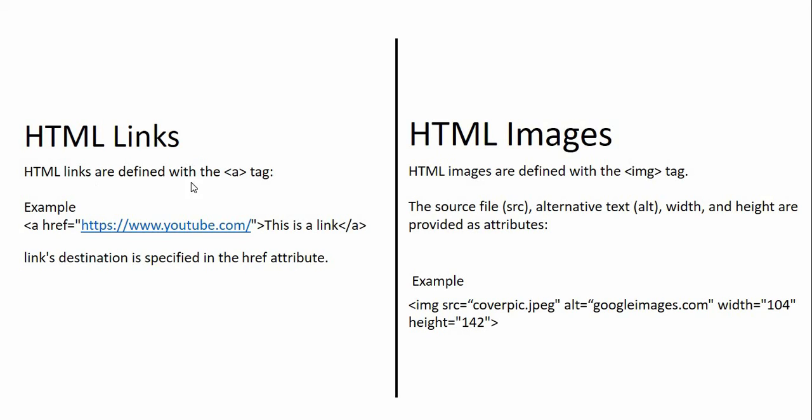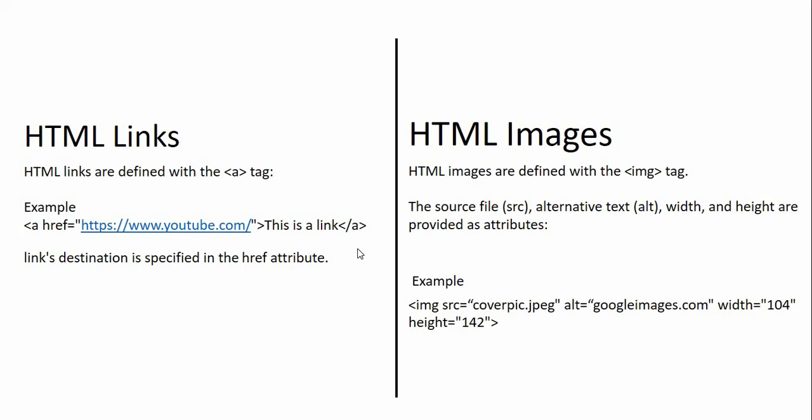HTML links are defined with the a tag. So basically this is an example. It says a href equals, and then double quotation, and you have to give in the particular link. So here you can see the YouTube link, and then whatever this is a link, you have to mention what you have introduced here, and then give a closing a tag.